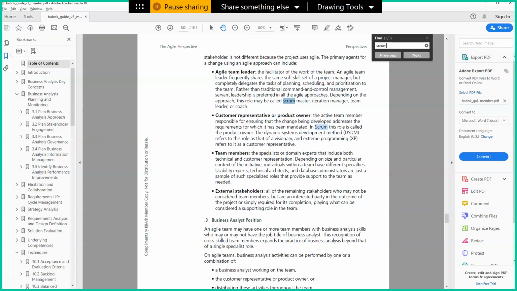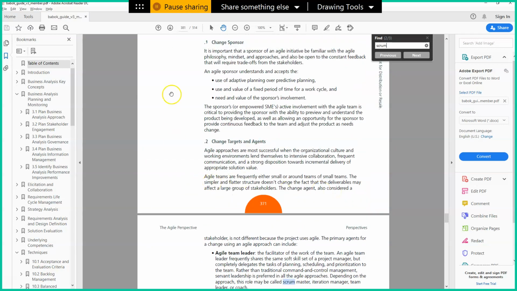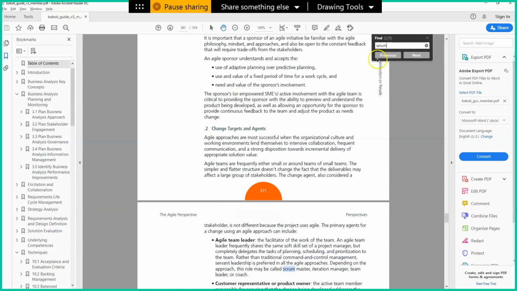Okay, so they do mention a little bit of Agile in here. Oh no, never mind, that's the Agile perspective. So the word Scrum is not anywhere in the area of the BABOK you will be tested on.